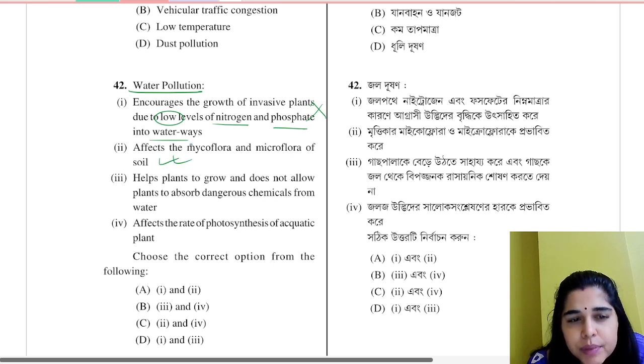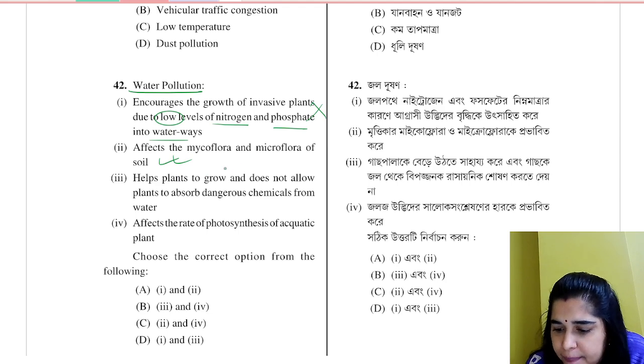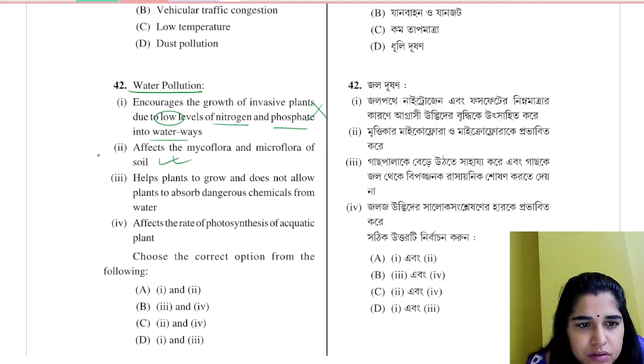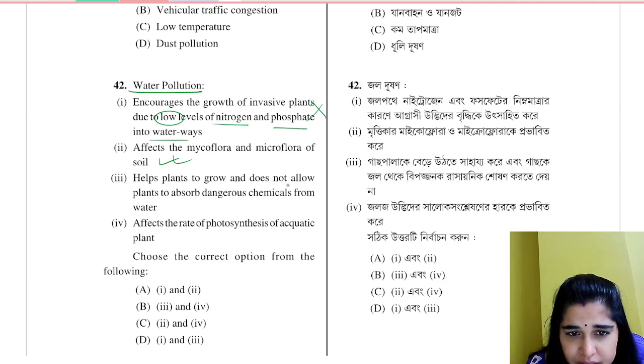They can affect because of water pollution. Yes, they can affect. Help plants to grow and does not allow plants to absorb dangerous chemical from water.